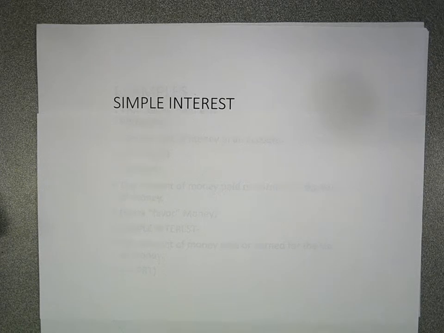Compound interest builds on the idea of simple interest. So we'll spend a lot of our time talking about simple interest, and then we'll have a second lesson and add on to it a little bit. We'll explain that when we get there.